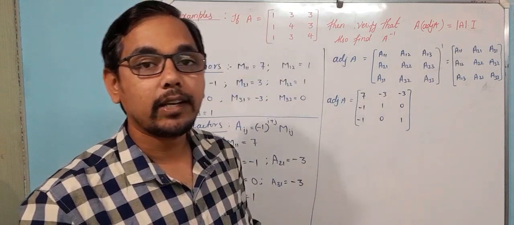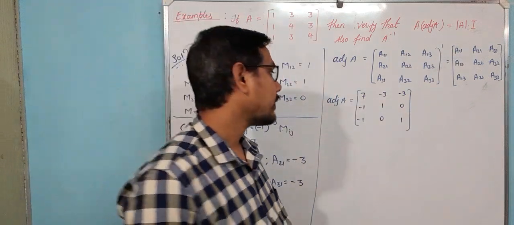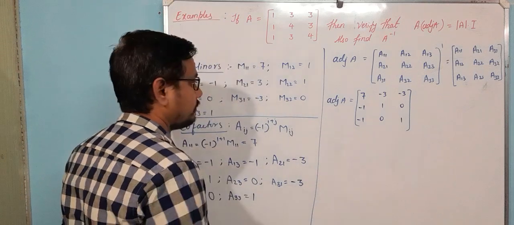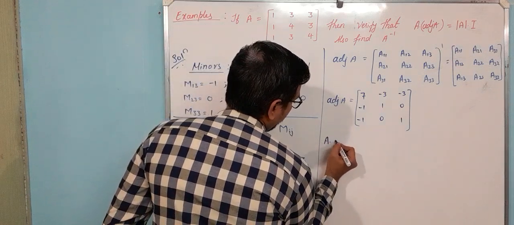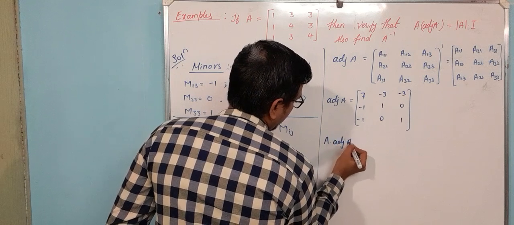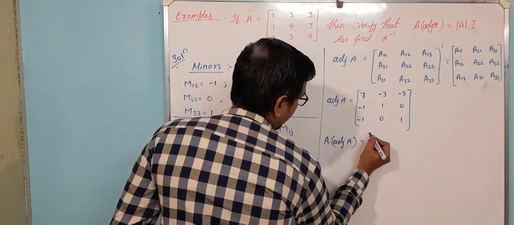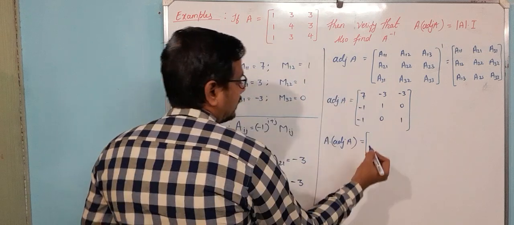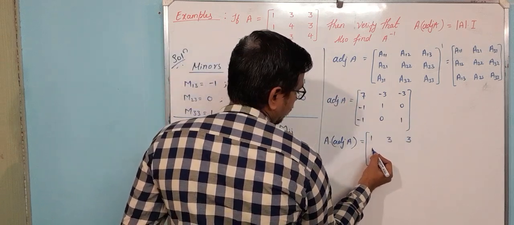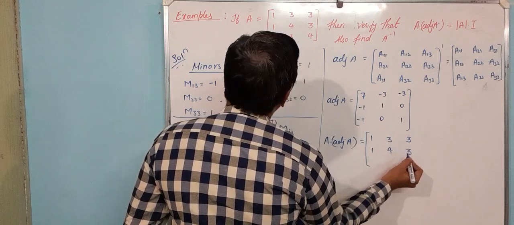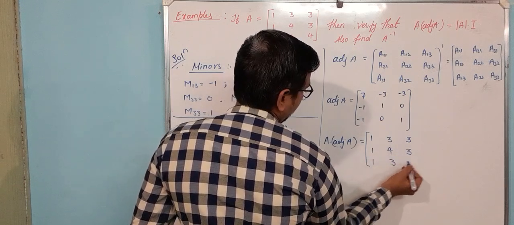Because we have calculated adjoint A, now we need A into adjoint A. A is 1, 3, 3, 1, 4, 3, 1, 3, 4.